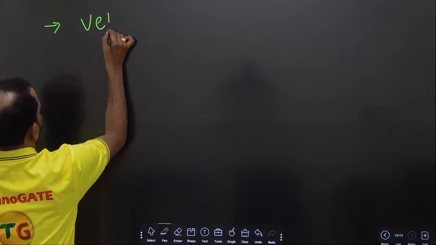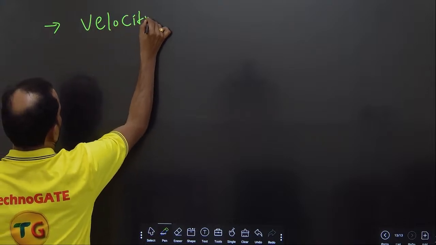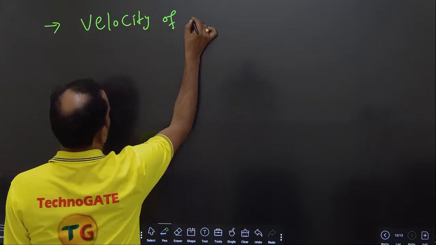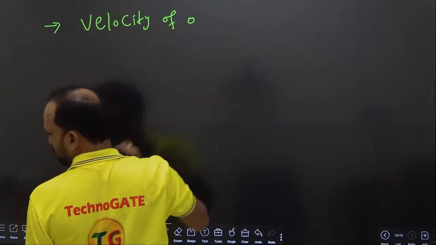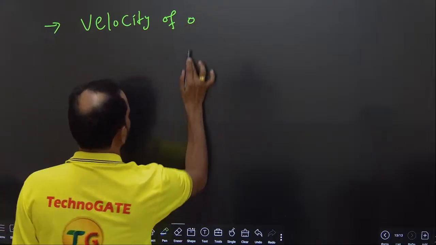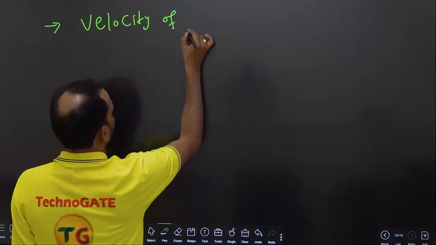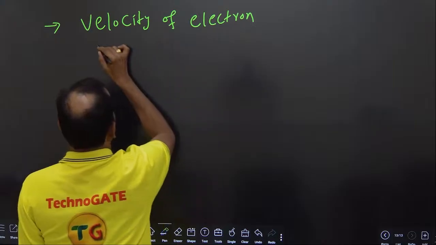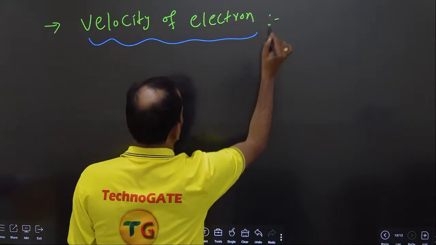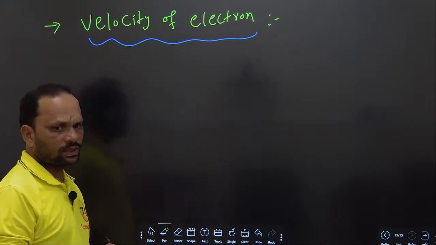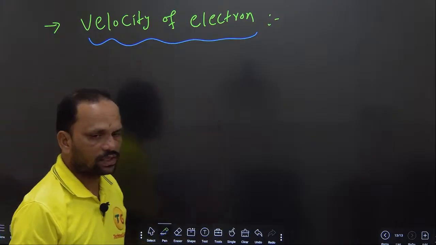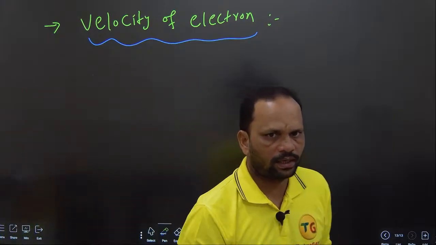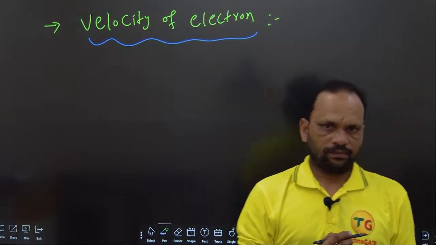Velocity of the electron. What is the velocity of the electron whenever it is rotating in an orbit?